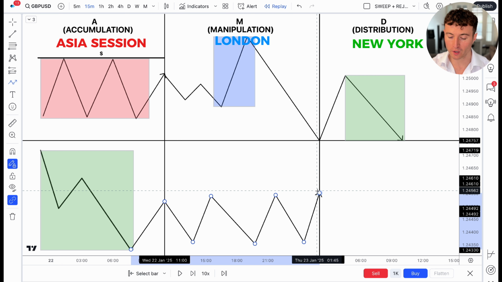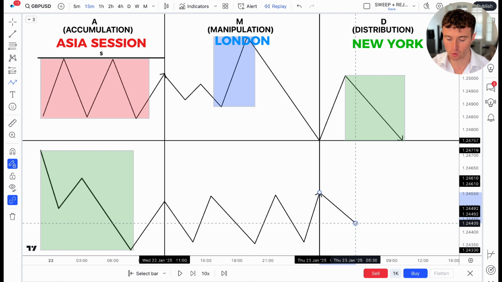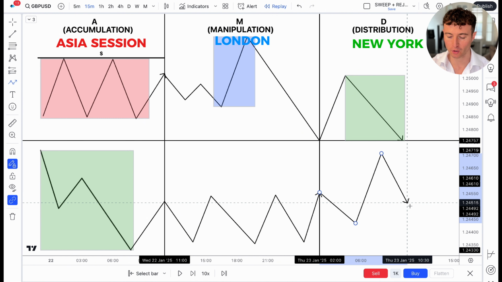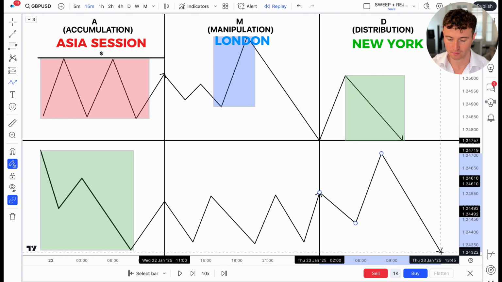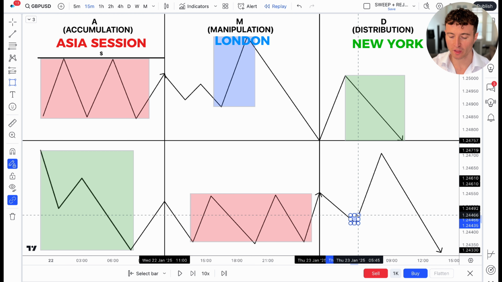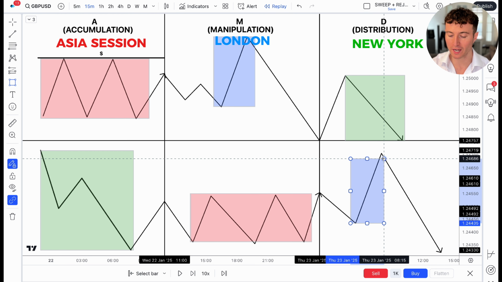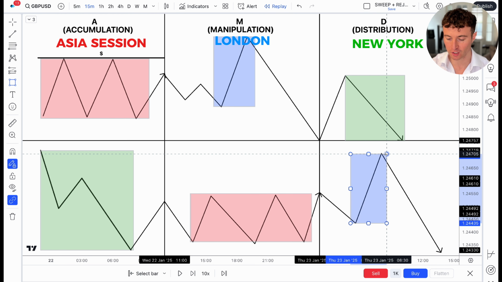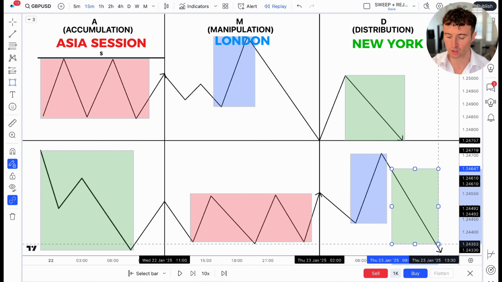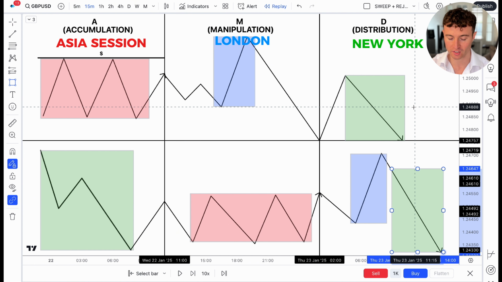And therefore, we would expect the manipulation to occur during the New York session and to then distribute in price after. So therefore, London would have accumulated. So we then expect New York to manipulate this accumulation, and then we can look at taking part in the distribution phase during the New York session.